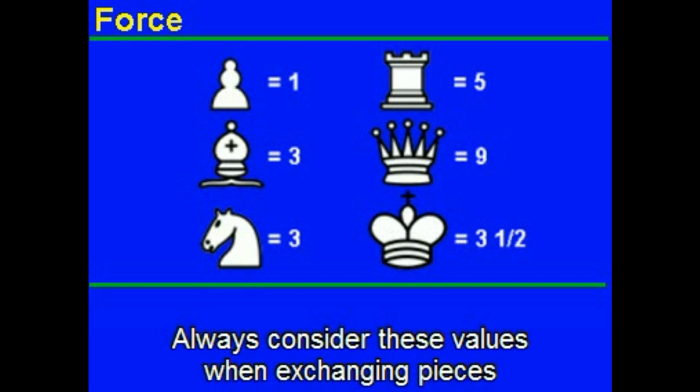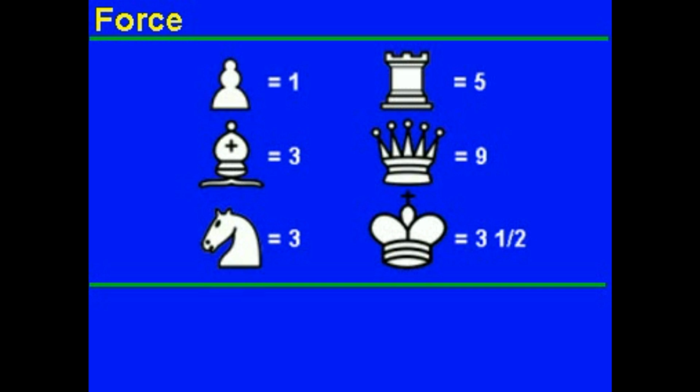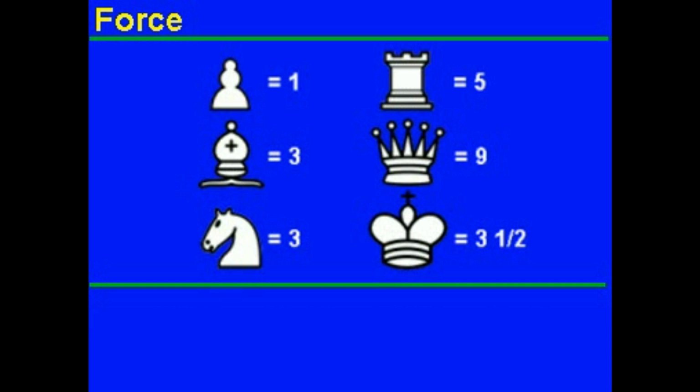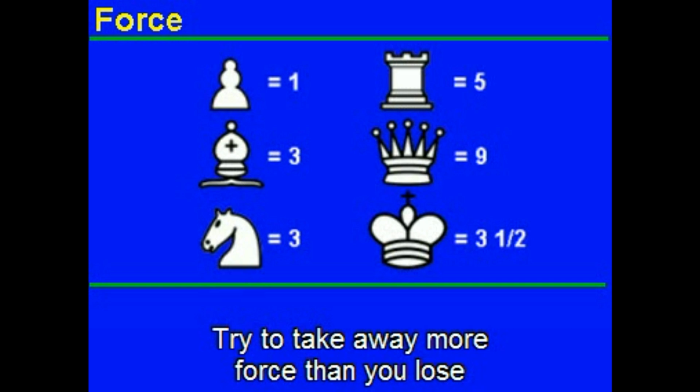These values should always be considered when exchanging pieces. You should avoid, without good reason that is, exchanging a higher valued piece for a lower valued piece. The goal when considering force is to reduce your opponent's force count more than your own whenever possible. So giving up a 3-point knight for a 5-point rook would be a good exchange.